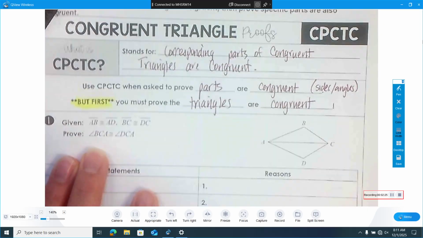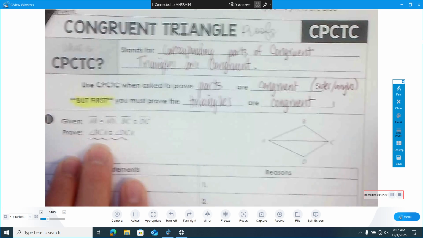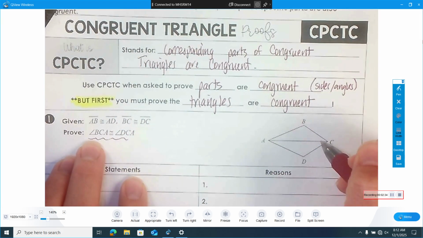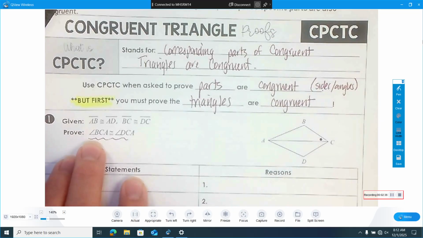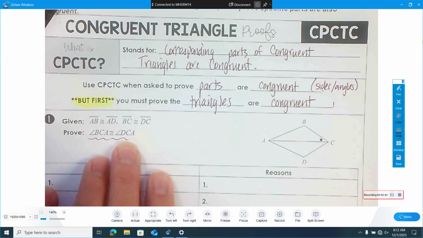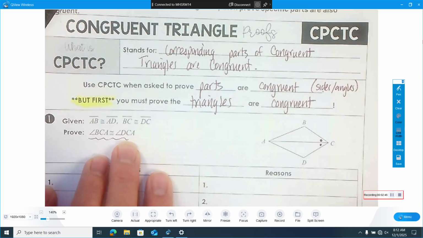So here in this question number 1, proof number 1, we want to prove angle BCA. That's this angle right here. I'm going to put a little red dot right there. That's that little angle BCA is congruent to DCA, the little angle below.